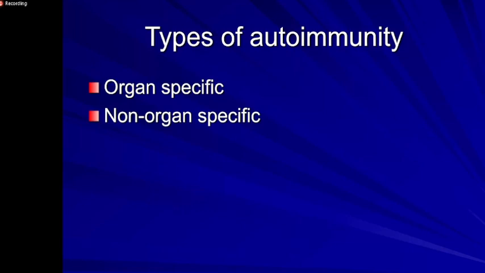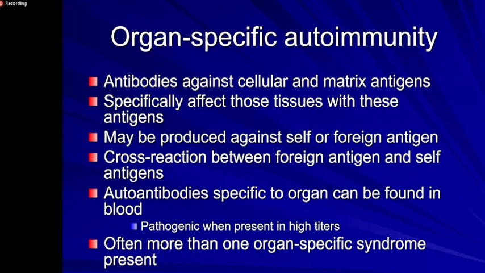How then do you classify autoimmune diseases? Generally, we classify them into two: organ-specific and non-organ specific. And this is not a clear line drawn between them. Sometimes one condition may involve multiple organs or multiple areas.